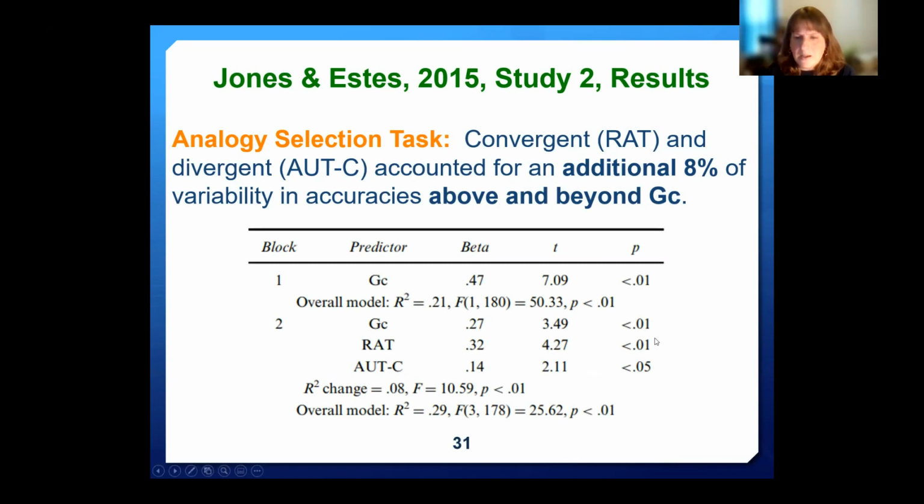So this is a nice finding showing that, of course, we included in that paper an earlier analysis in which we weren't looking at crystallized intelligence, but the creativity measure of divergent thinking was predictive above and beyond the crystallized intelligence.